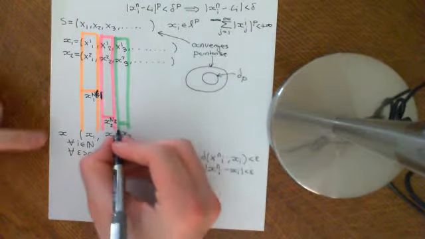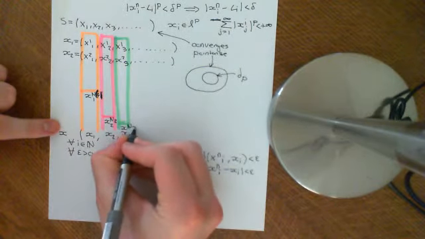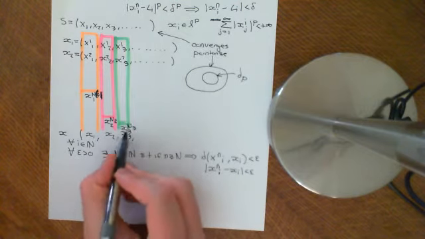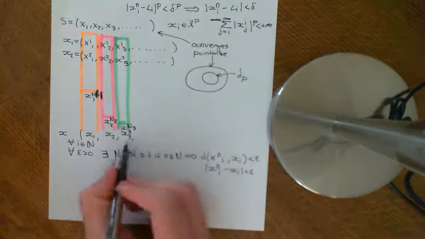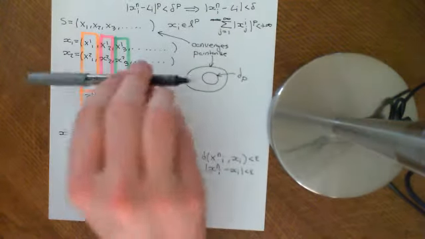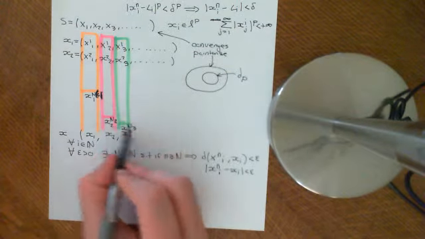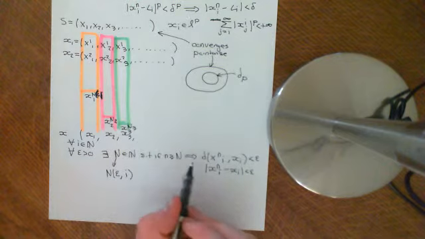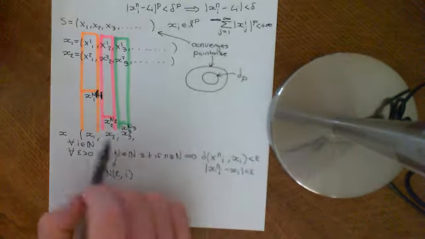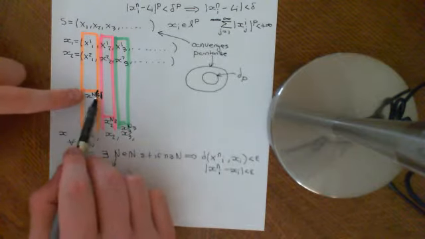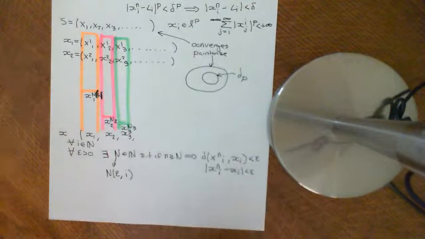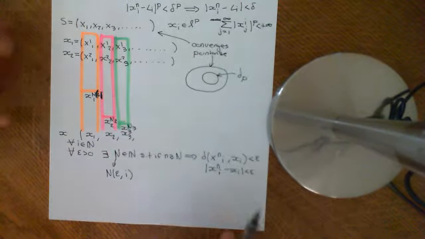You'll get some x big N3, such that if you take any term in the green sequence beyond there, it will be within epsilon of the termwise limit. The problem is that these ni's are not necessarily bounded as a set, i.e. it might not be possible to find some big N which is greater than absolutely all of them, greater than n1, n2, n3, etc. It's not necessarily going to be possible to do that.